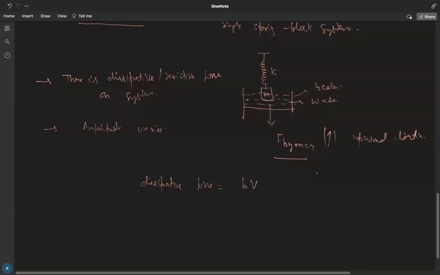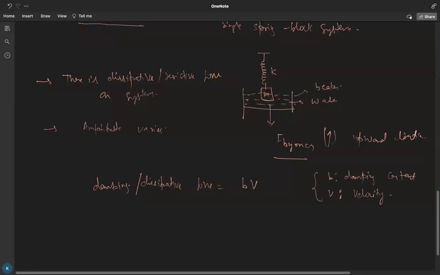Now what is b and what is v? b is our damping constant and v is our velocity. So this is also a force, and bv is our dissipative force, or we can call it a damping force also, right?